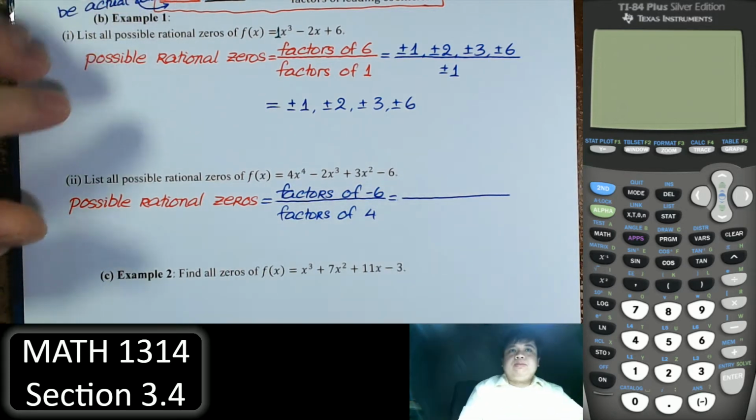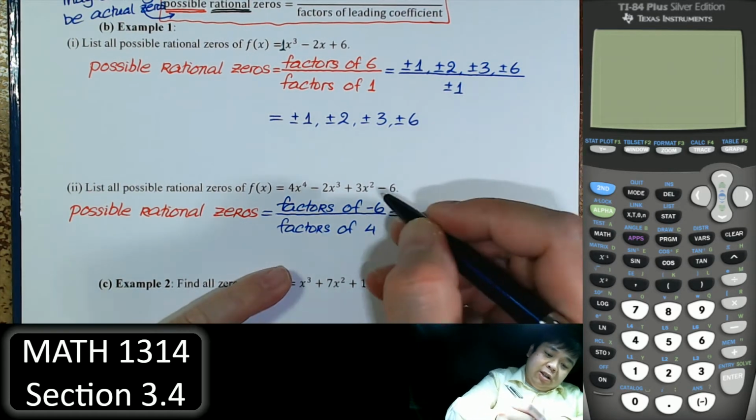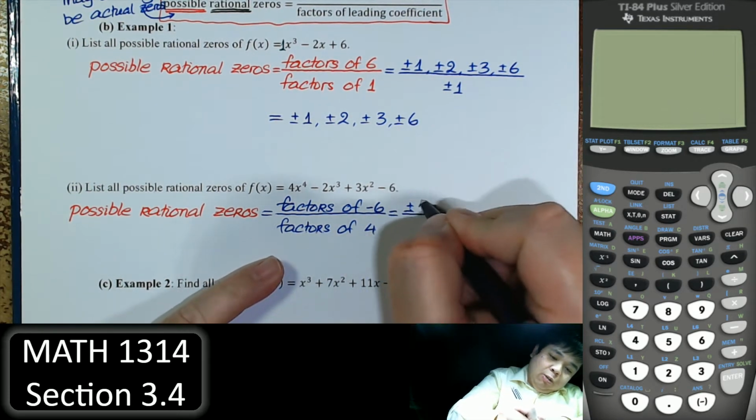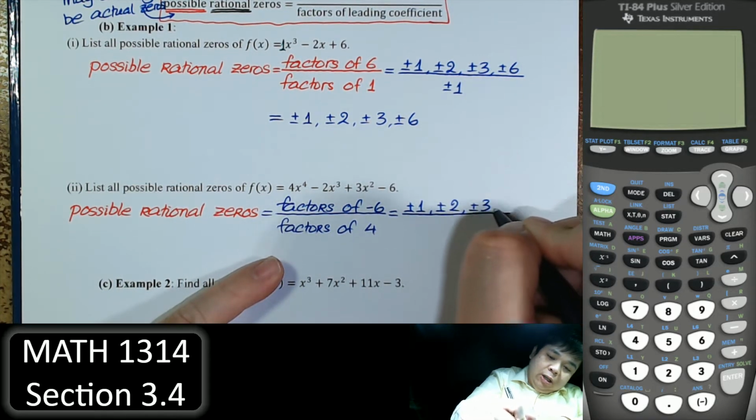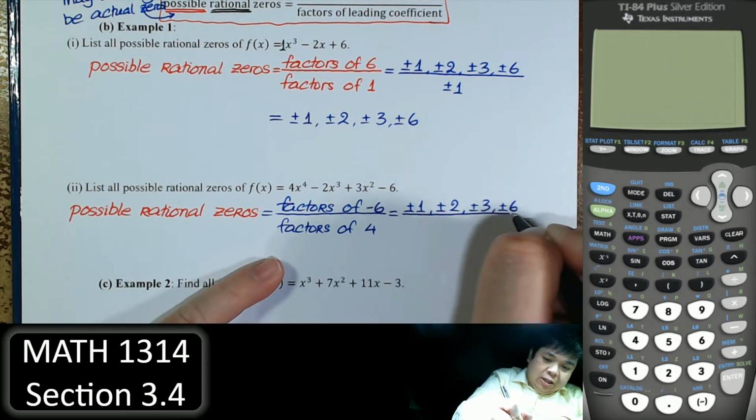Now, the factors of 6 are 1, 2, 3, and 6.